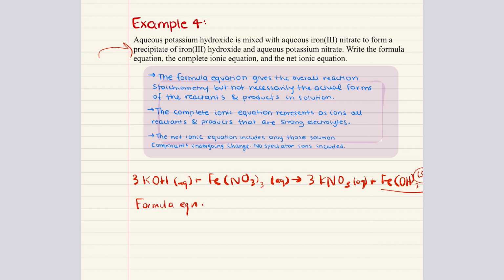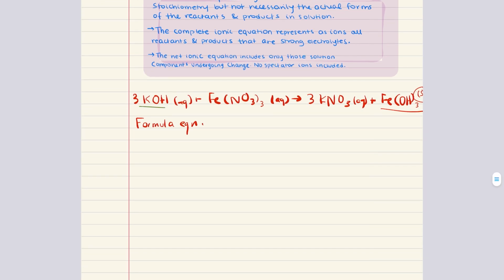What we want to write next is our complete ionic equation. So everything that's soluble is going to be written in its individual ions. So potassium hydroxide is soluble. So we're going to write 3 potassium. I'm going to forego the aqueous and the solids here. We know how to assign that now that we've written our formula equation.